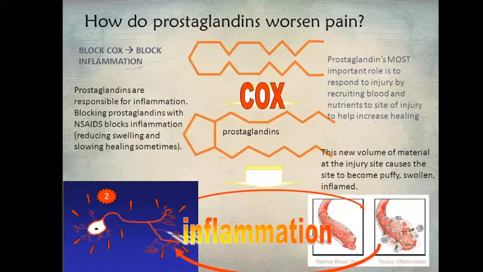And what the NSAIDs do is they block those enzymes. So basically, if those enzymes can't work, we don't get prostaglandins released, and we don't get the fluid and the inflammation happening at the site. And that basically is how NSAIDs work.